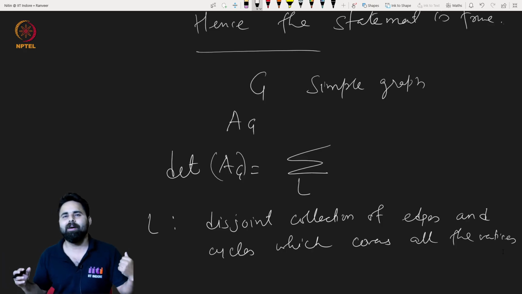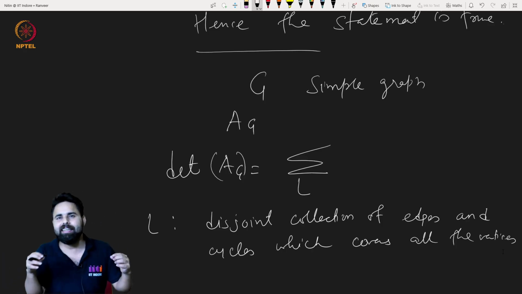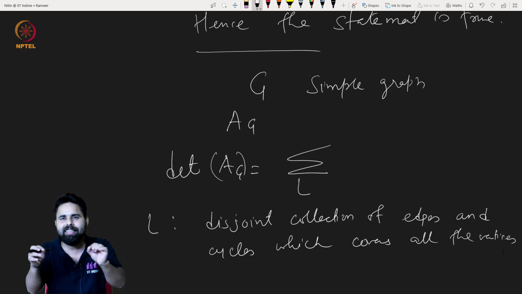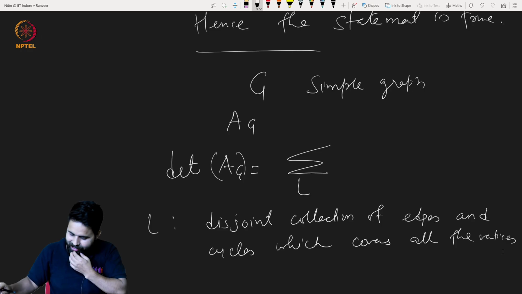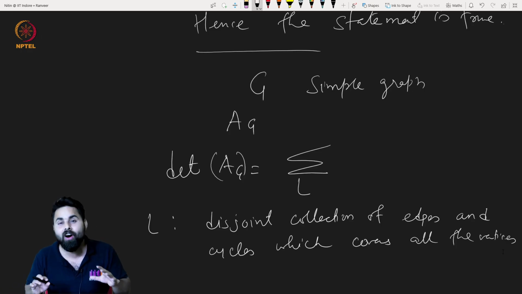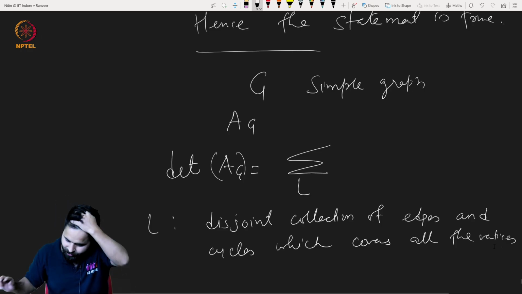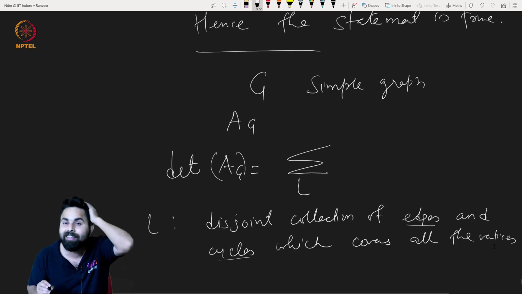Cycle here means: remember in the directed case, between i and j there can be a cycle of length 2, but now I am taking just an edge. Everything here is undirected, undirected edges and undirected cycles.